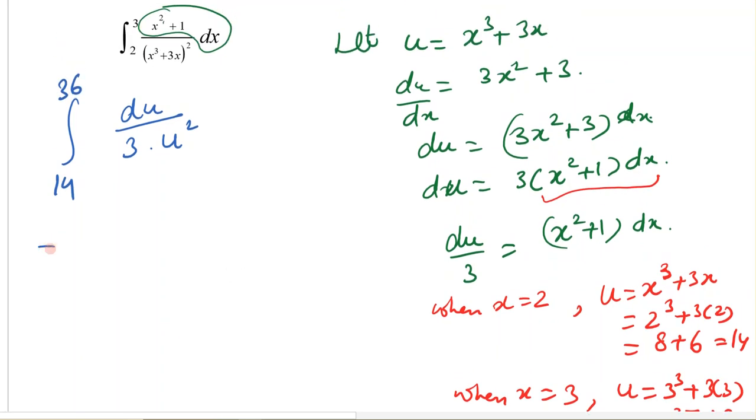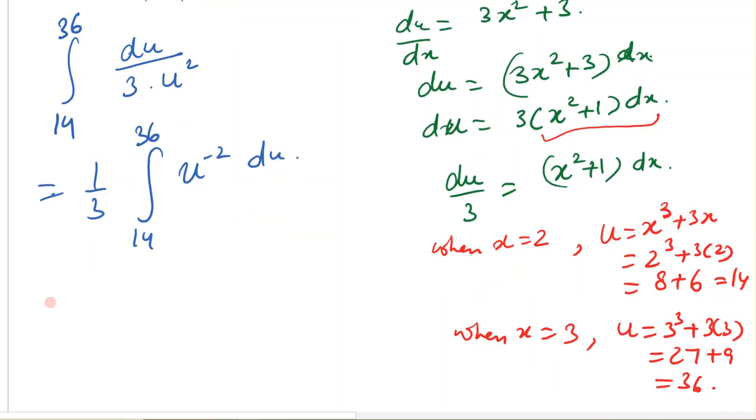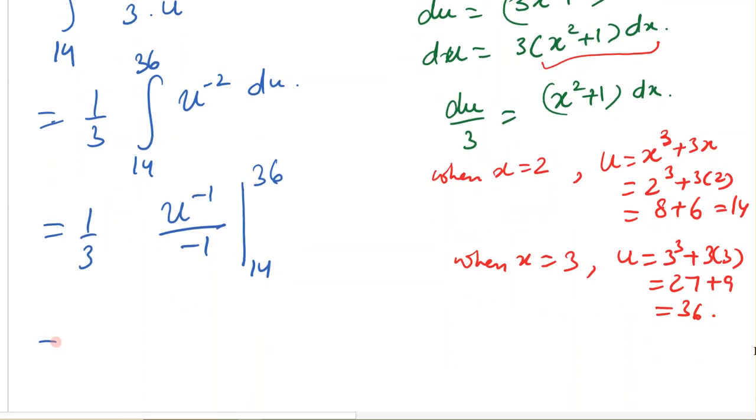So now our integral becomes 1/3 outside, the integral of u raised to power negative half du, where limits of integration are from 14 to 36. In the next step, when we take the integral, we increase the power by 1. So it means u raised to power negative 1 over negative 1, with limits of integration from 14 to 36. So we get negative 1 over 3, which you can keep outside.